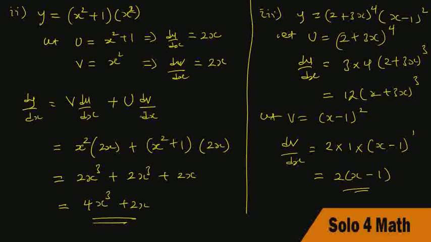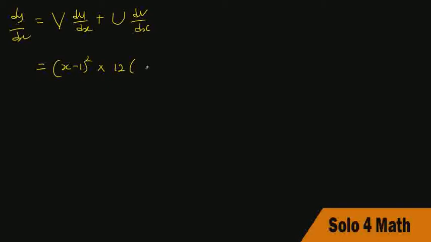Alright, now we substitute in our formula. dy/dx, we said, is equal to v du/dx plus u dv/dx. So what is our v? Our v is (x minus 1) squared times our du/dx, which we got as 12 into (2 plus 3x) to power 3.